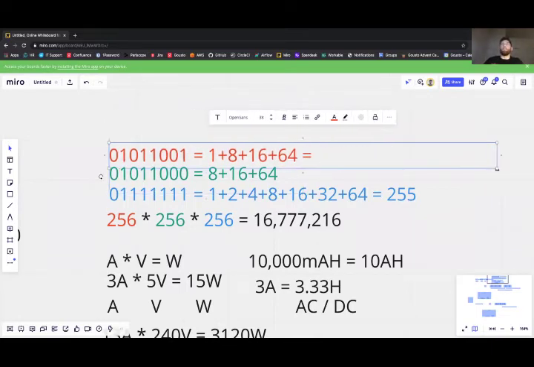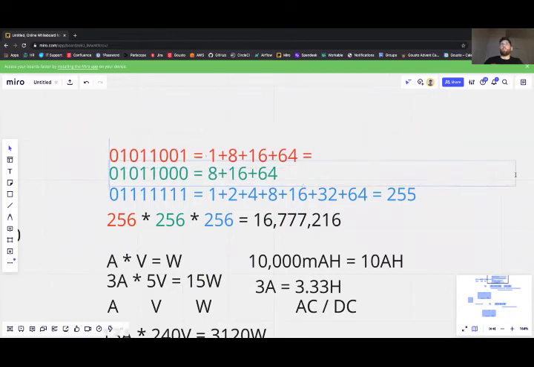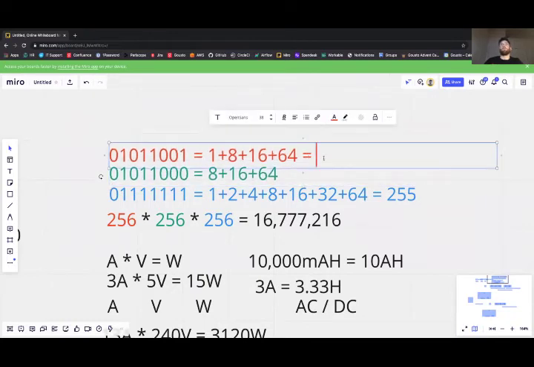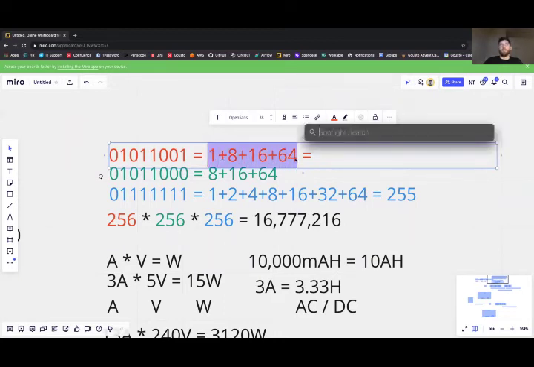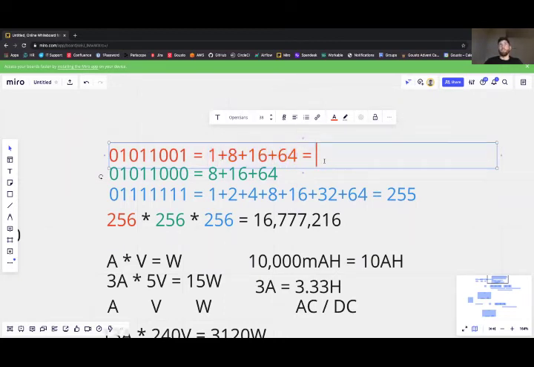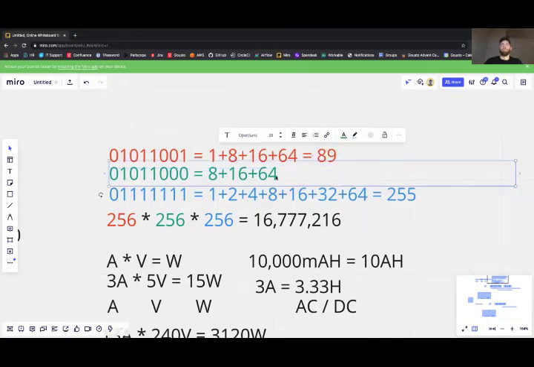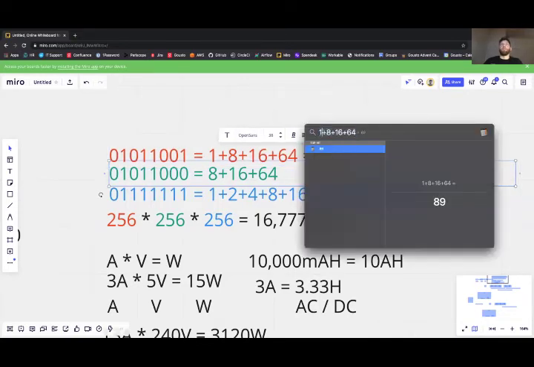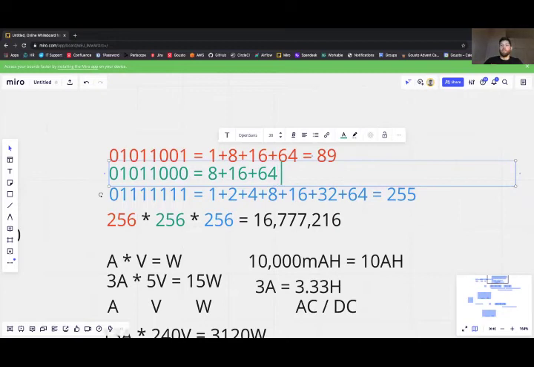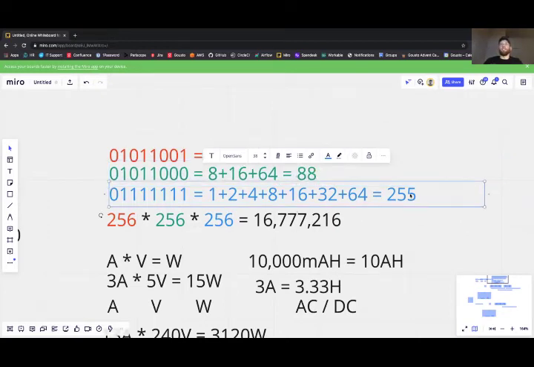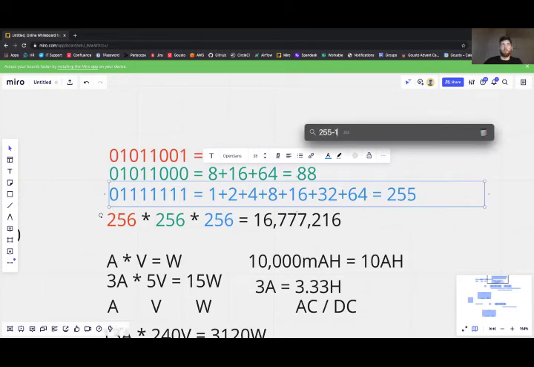So 1 plus 8 plus 16 plus 64 is 89. 8 plus 16 plus 64 is 88. And this is 255 minus 128, which is 127.